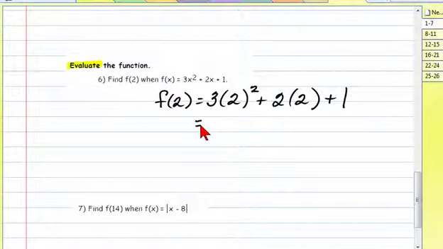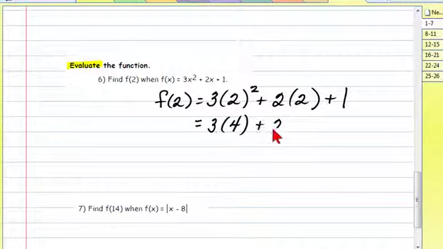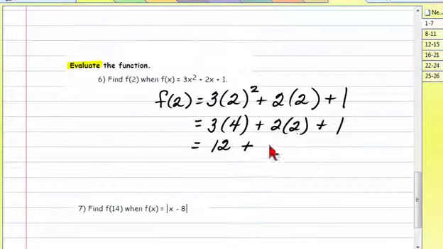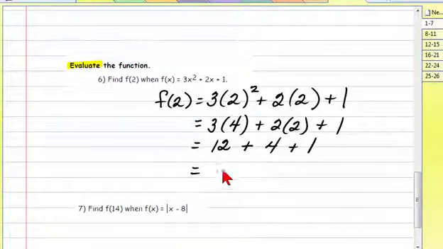Make sure you're using the order of operations, which says do exponents before you do multiplication. So it's going to be 3 times 4 plus 2 times 2 plus 1. Now I can use my multiplication. 3 times 4 is 12 plus 2 times 2 is 4 plus a 1. And that gives me 17. And you'll have 4 choices to choose from. Is that okay?